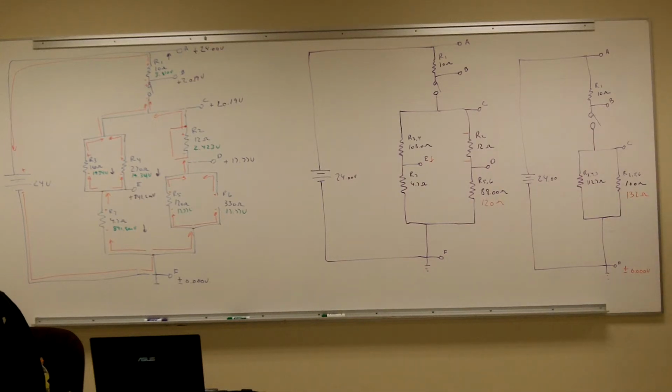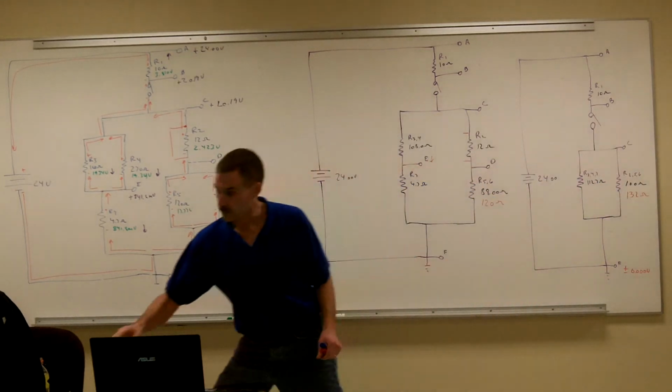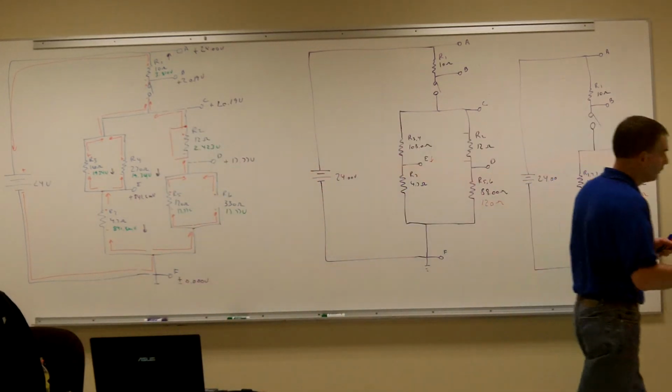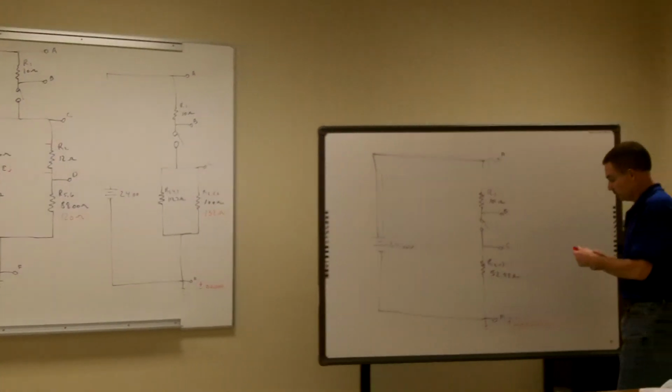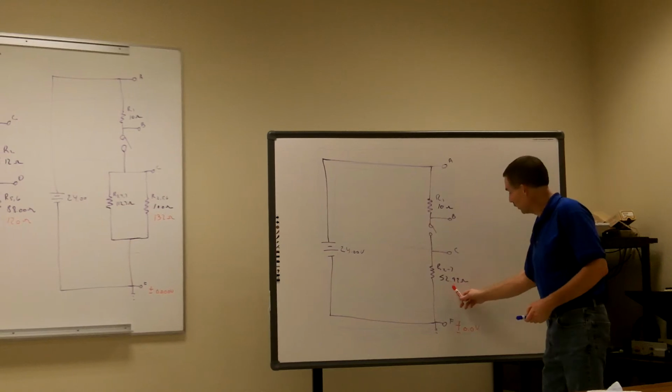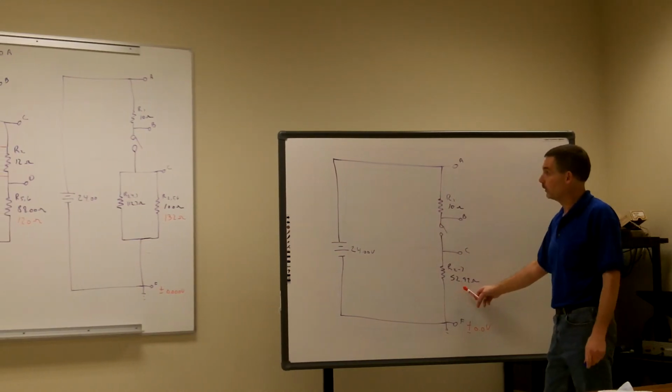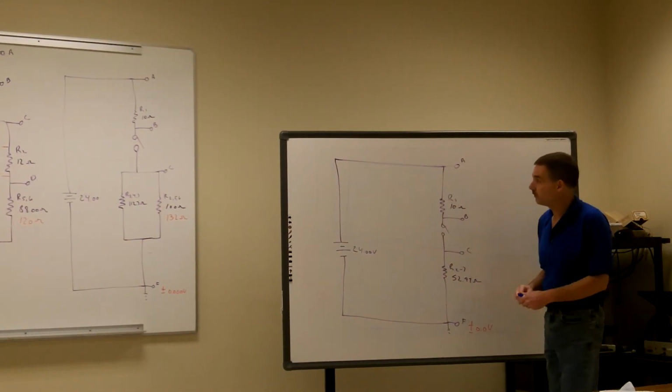Okay, so now I got, so now R1 stays the same. Now what's my new value for R2 through 7?